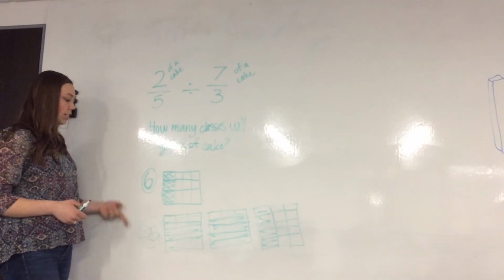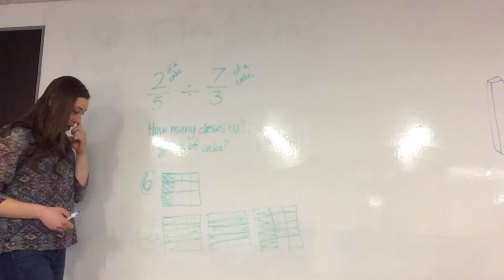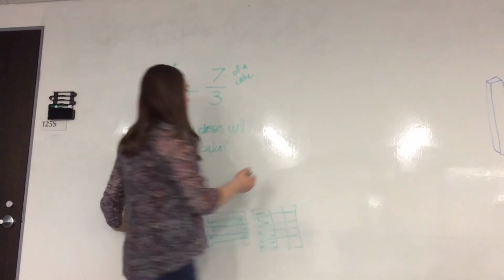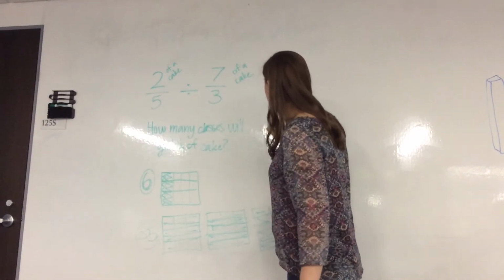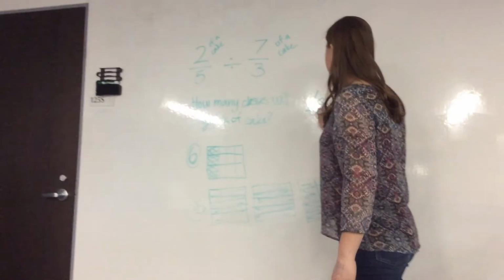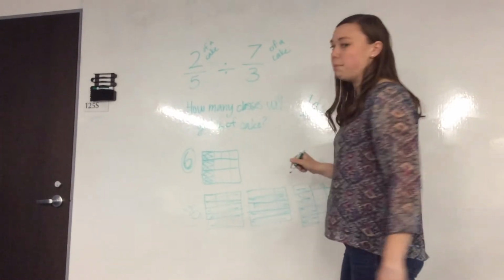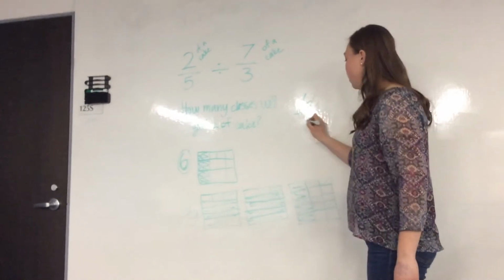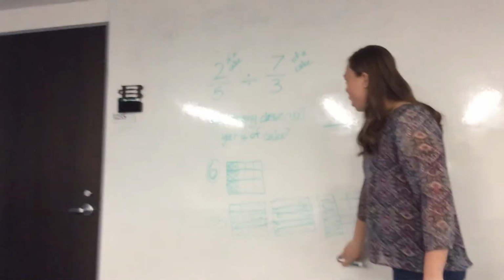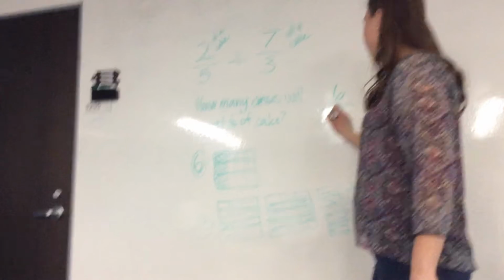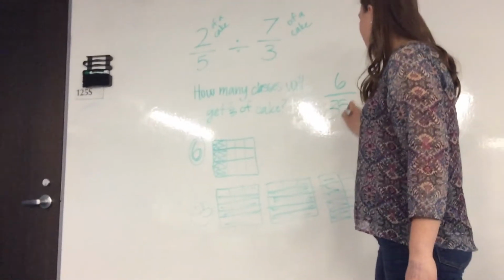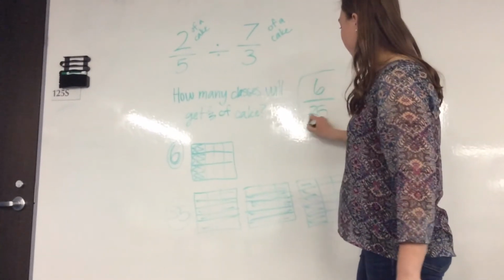If we look at these as just pieces, we say we have 6 pieces and we want to divide that, so we use the fraction bar because we know that's the same thing as dividing. And then we are dividing it among 35. And that's going to be our final answer.